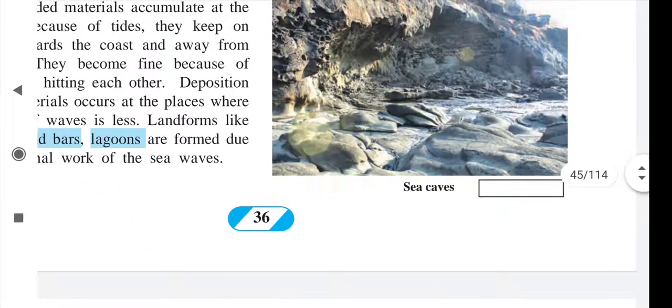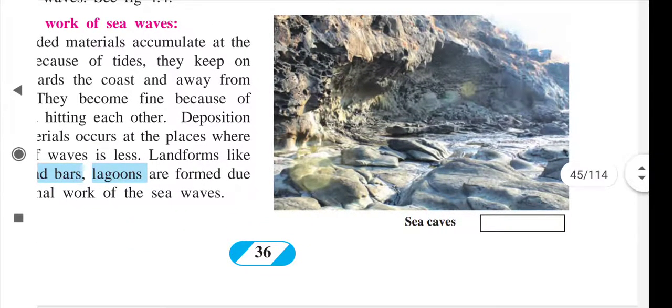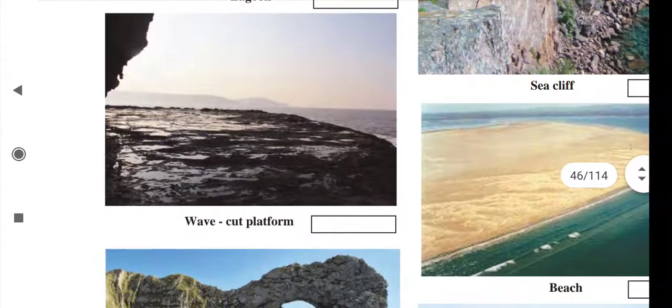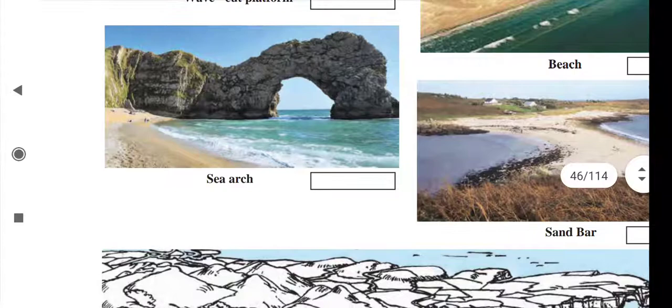So here it is said, sea cave. Sea cave is formed because of the erosional work. Next, lagoon. Lagoon is formed because of the transportational and depositional work. Next is given wave cut platform. It is formed because of the erosional and transportational work. Next is given sea arch.